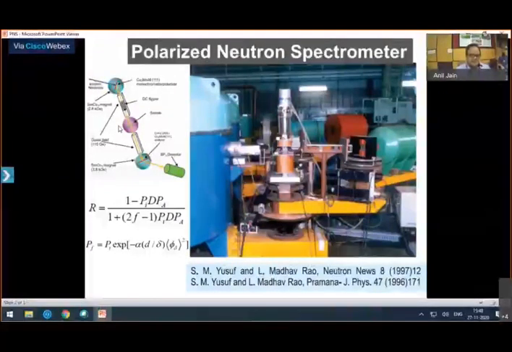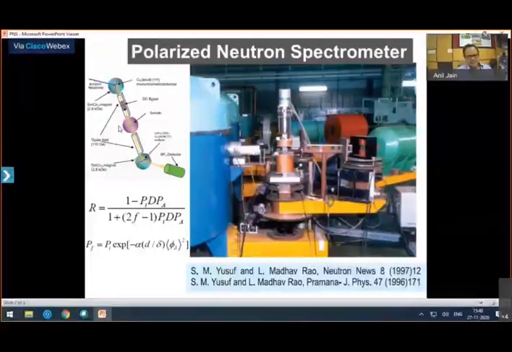So this allows you to check whether there is some sort of ferromagnetic correlation at a length scale of, say, 100 to 1000 angstrom, and by checking how much the neutron beam is depolarized by passing through your sample, you can get an idea about the ferromagnetic domains. You can calculate the domain size.